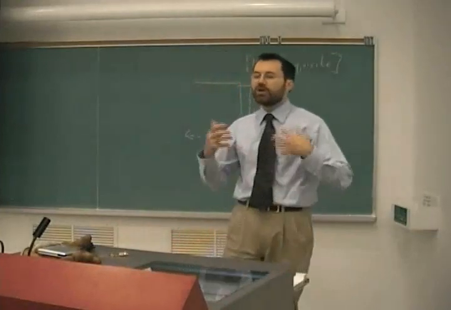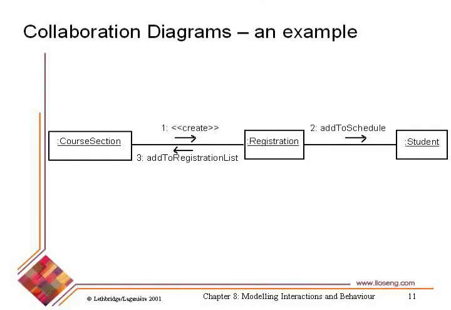Collaboration diagrams are a more compact way of showing interactions. In collaboration diagrams, you have the same objects. Okay? So here we're seeing course section, registration, student. The same objects as we saw a while back in, I guess it was slide, course section, registration, student. Where's my registration? Yeah, slide 8, we had that.